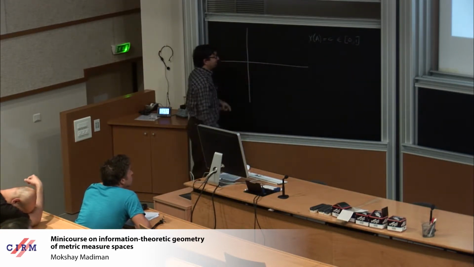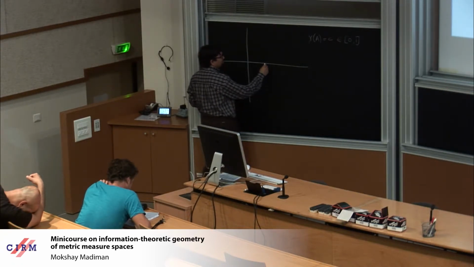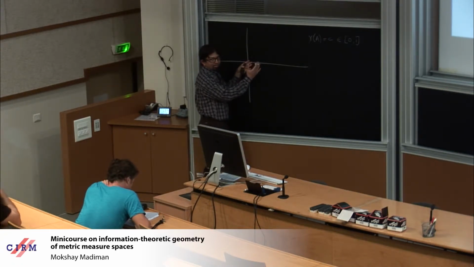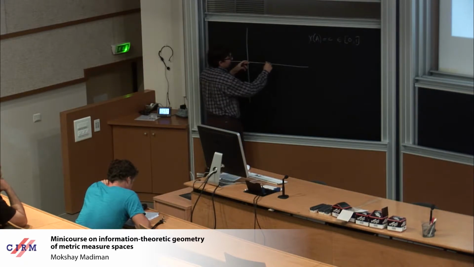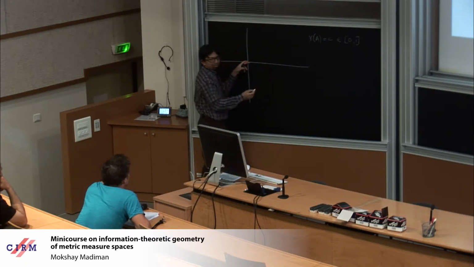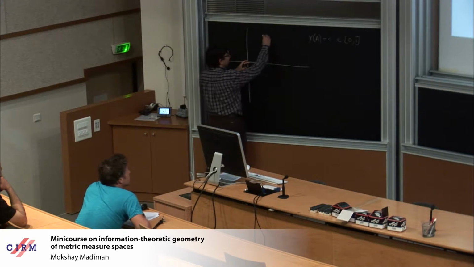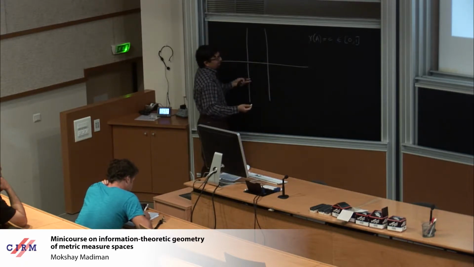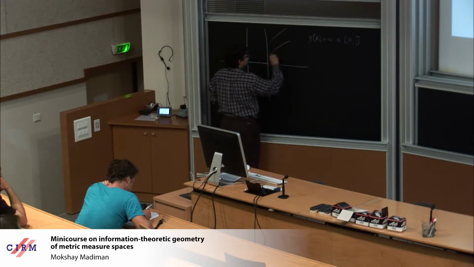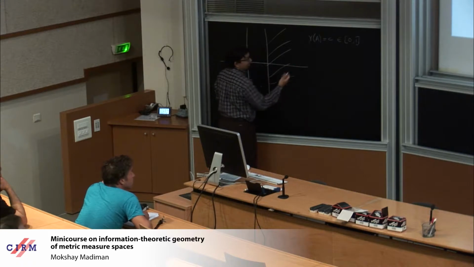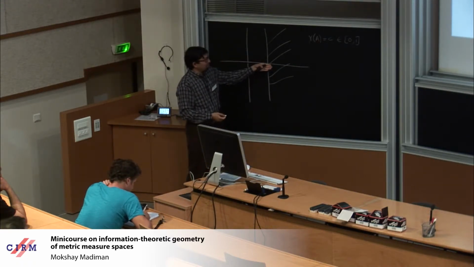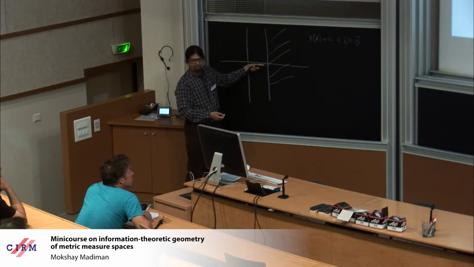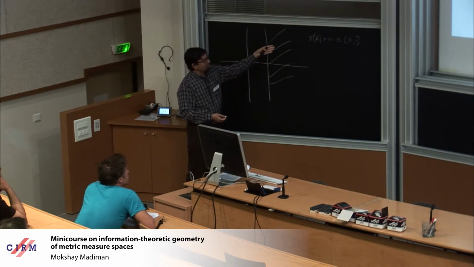Then I can look at half spaces with any orientation. So let's say I look at half spaces perpendicular to the first coordinate, or hyperplanes perpendicular to the first coordinate. So now I can find the half space whose measure is equal to C, right?